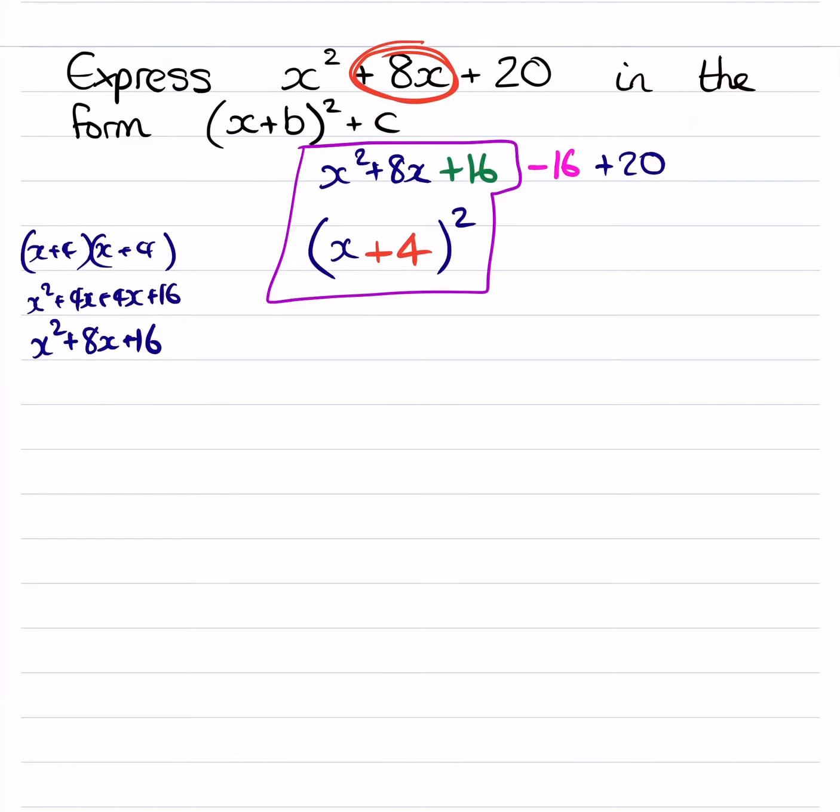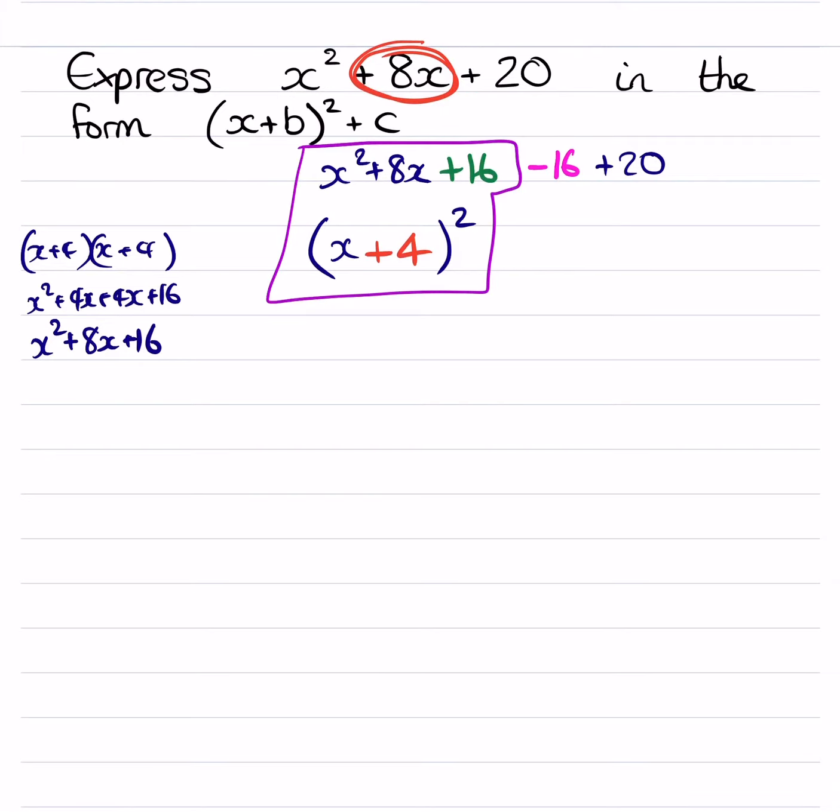Now, there happened to be a 20 on the outside here, and technically, you could have just borrowed 16 from that. That's another way you could do this. But you might not always have a number on the outside, or you might have a negative number there, and borrowing from negative numbers is just trickier than it needs to be, I feel. So the plus 20, I've just written on the side here. I've not used it at all for completing the square like we have in the purple box there.